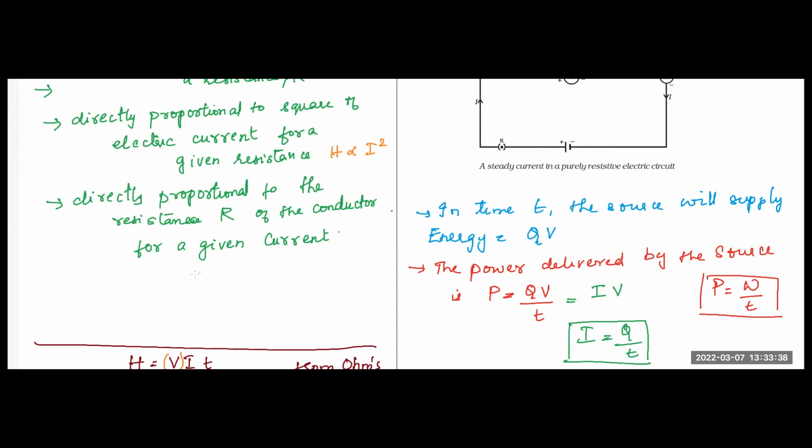So what does it mean? It means that H is directly proportional to R for a given current, or if current is constant.